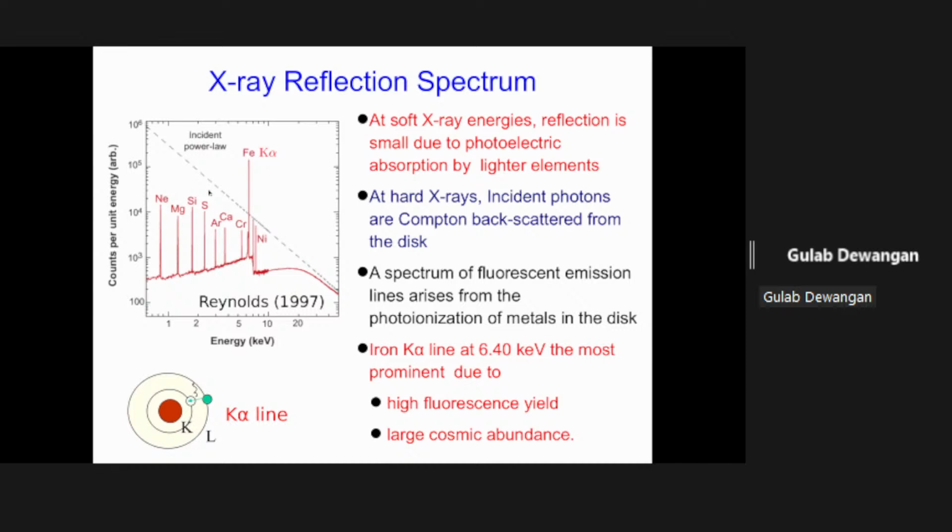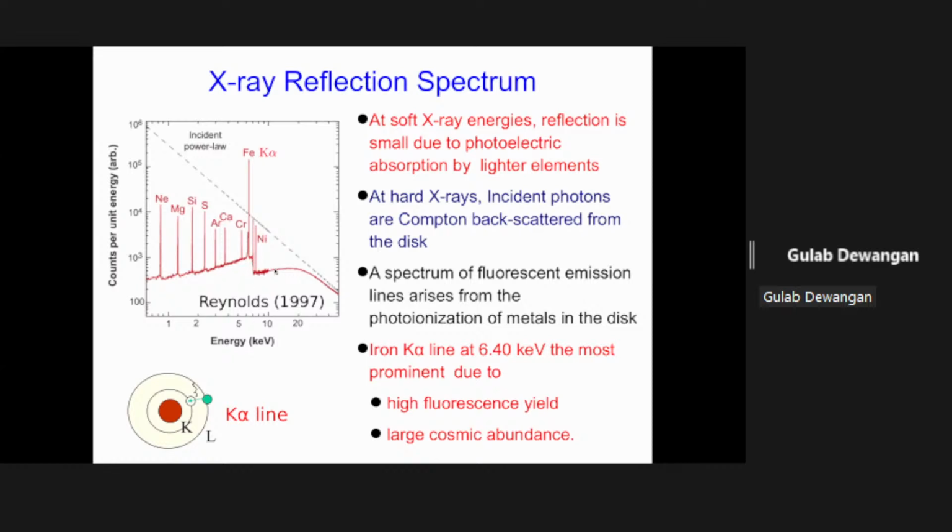Some of this continuum emission here is due to Thomson scattering by the electrons, and the combination of photoelectric absorption and Compton scattering produces this kind of characteristic structure, as I already explained. Here you will see this kind of shape around 7.1 keV.